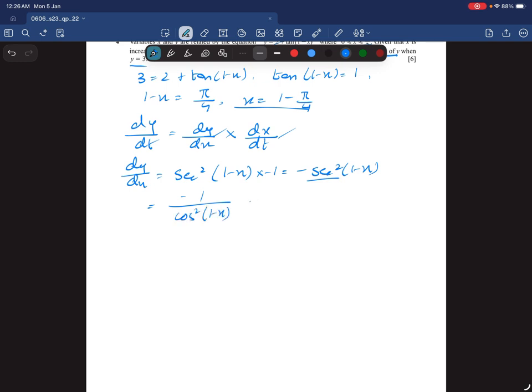So at, okay, we already have the value of 1 minus x as being equal to pi upon 4. So at x being equal to 1 minus pi upon 4, all we gotta do is put this in.